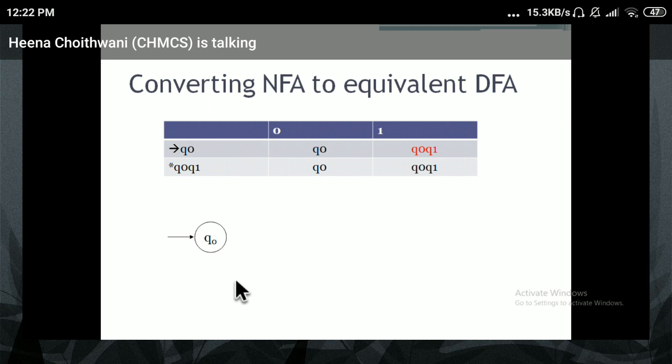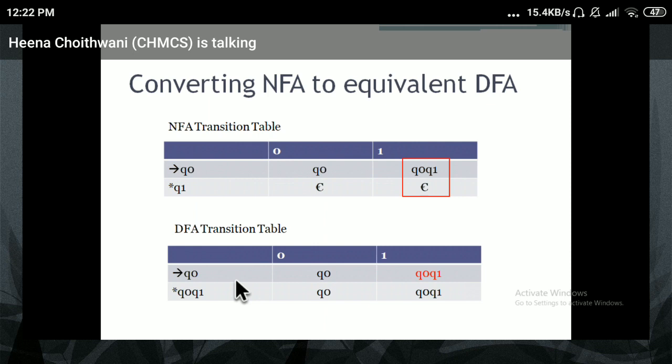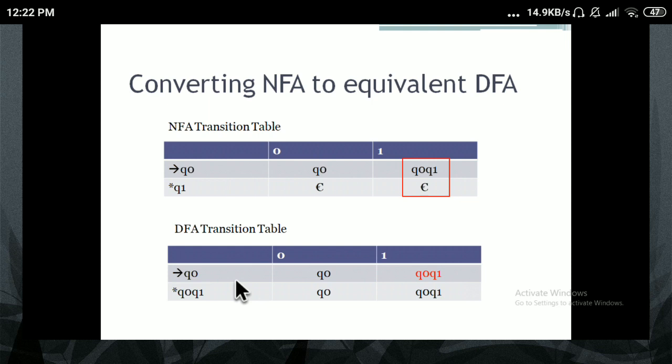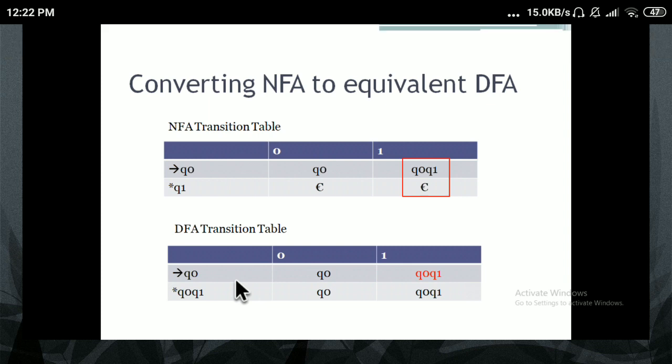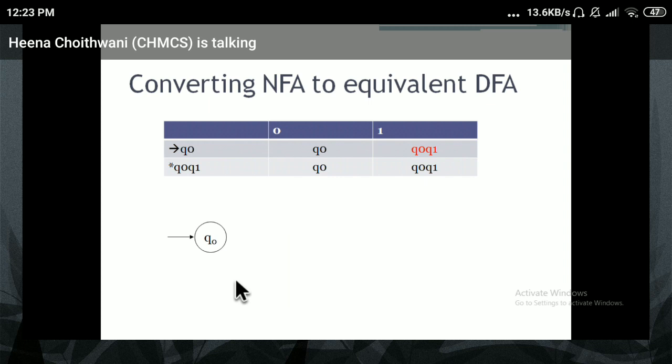So now we have to convert this DFA table into a DFA diagram. Any doubt here? Why are we not considering Q1? Shall we proceed? Is it clear? Okay. So we'll construct the DFA automata from the table. Q0 on 0, we move to Q0, so we have a loop.